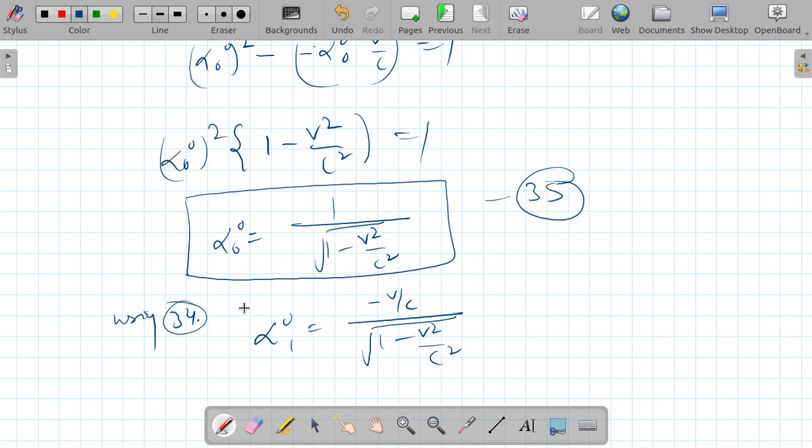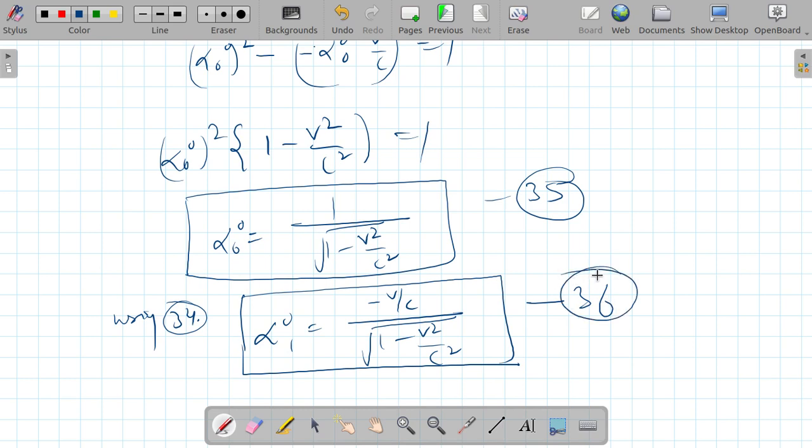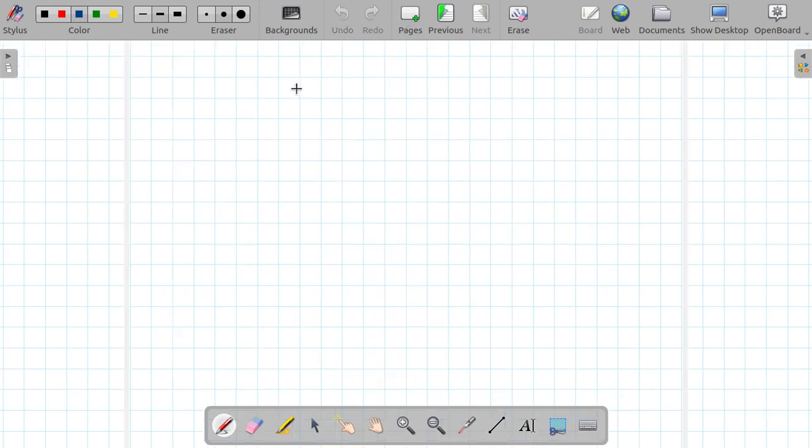So these are the two values which we are getting. And this leads to the Lorentz transformation matrix.